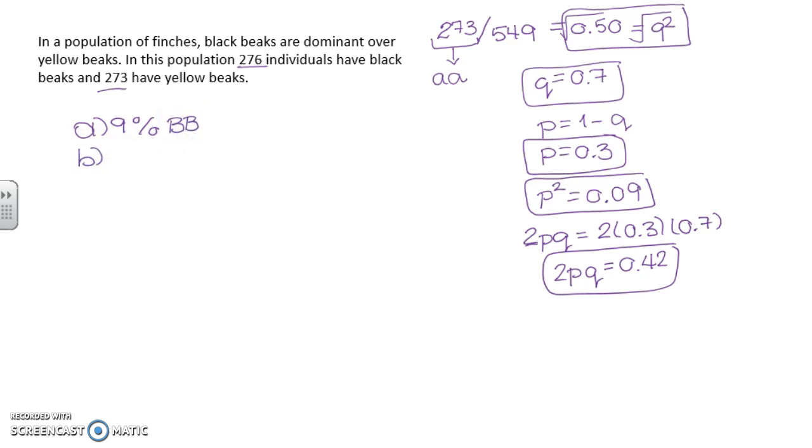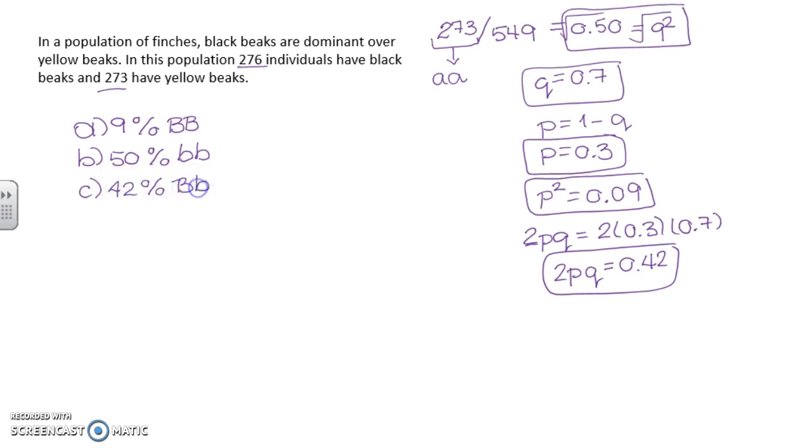The homozygous recessive is actually higher, it's 50%, and that will be q squared. So q squared is 0.5, which means 50%. The percentage of the heterozygous, that's 2pq, so that makes it 42%.